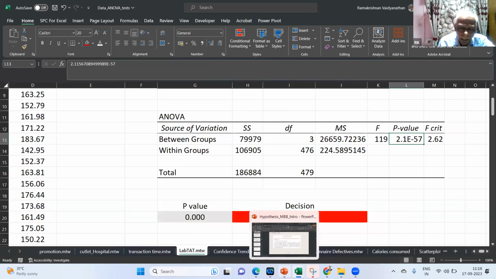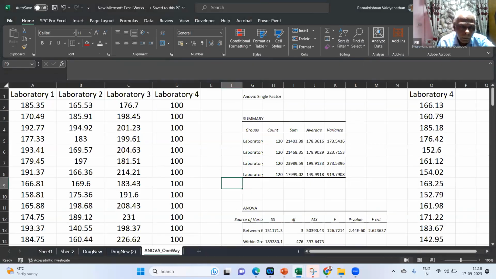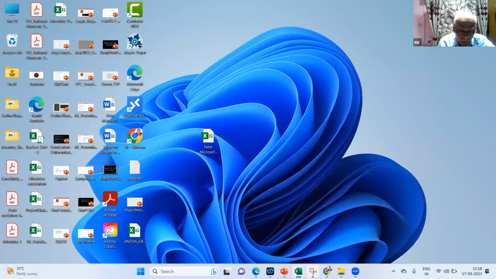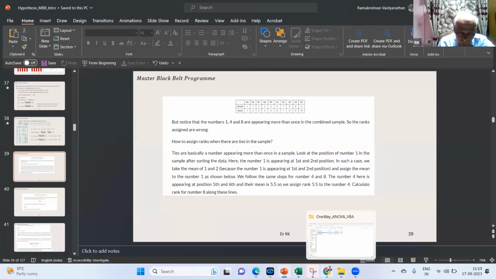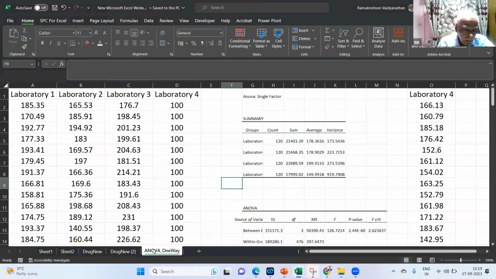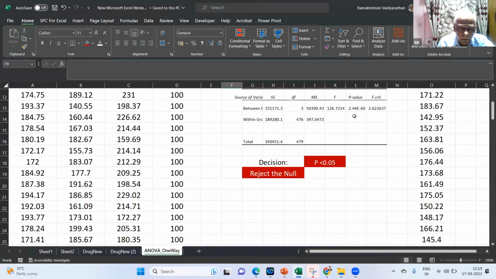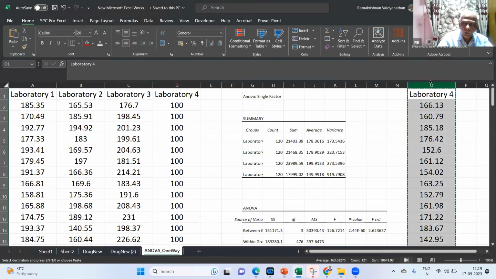So what I will do is show you how to do this. I'm going to explain it to you. I'll take this data, Control C, and then copy here and just change the data.